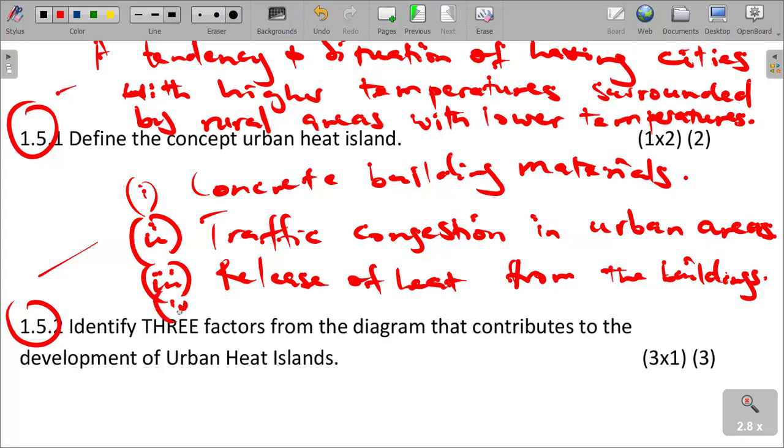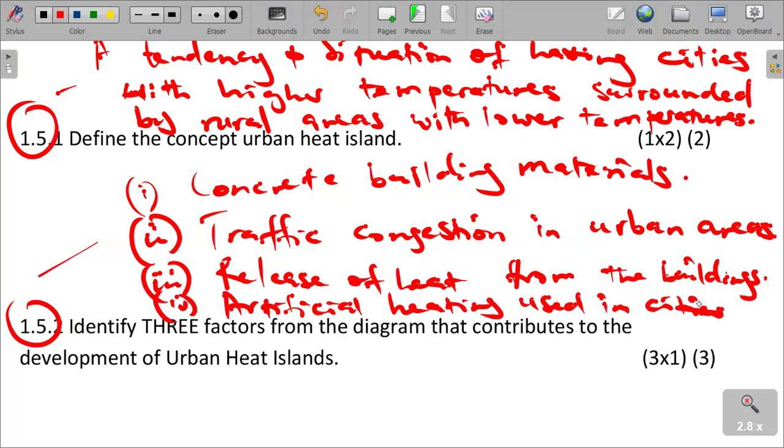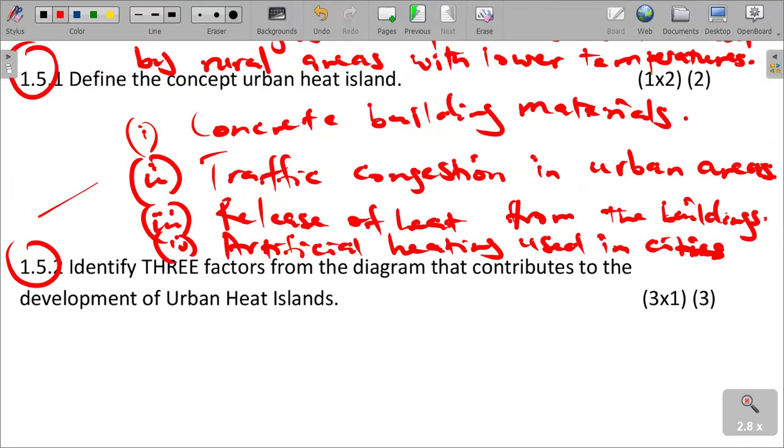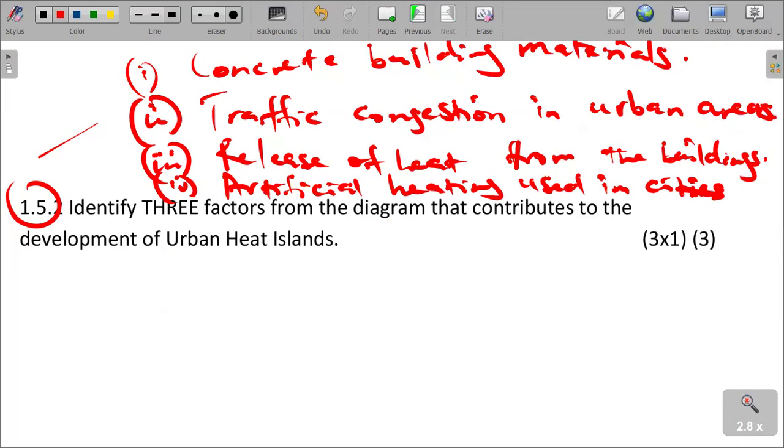We can also talk about other factors to do with artificial heating that is found in cities. Artificial heating used in cities also contributes to that. Artificial heating, we talk about air cons and so forth. They are also contributing to urban heat island.